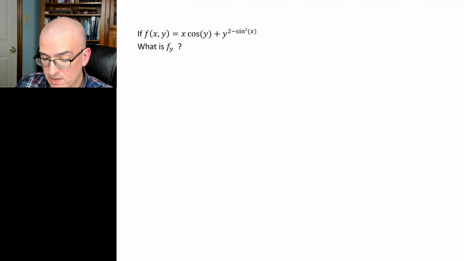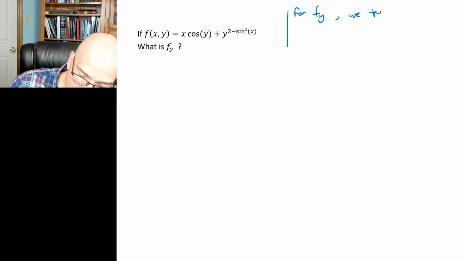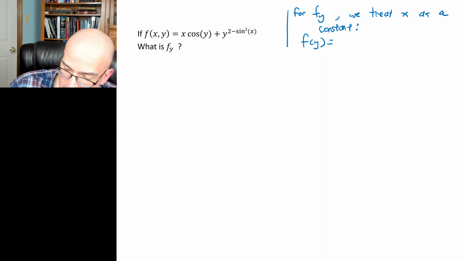For f sub y, we treat x as a constant. So what this looks like is f of y is equal to x times a constant plus y to the power of a constant.